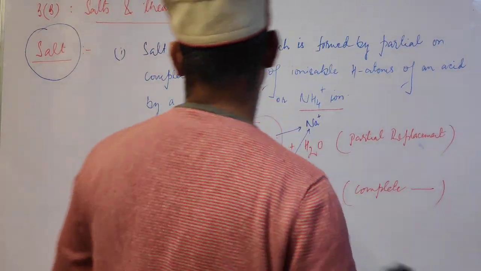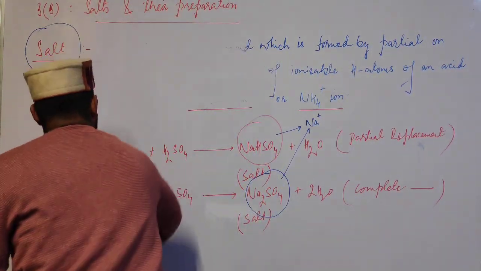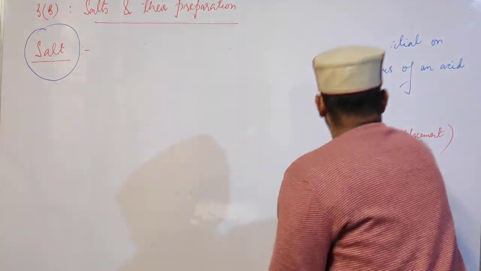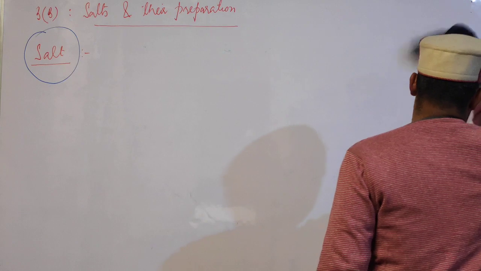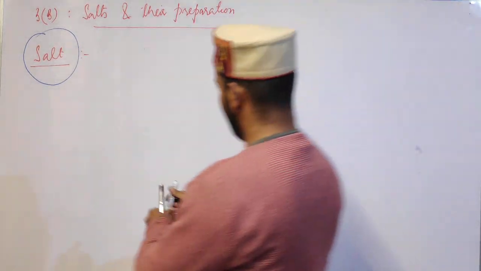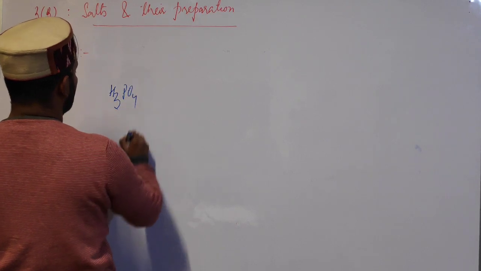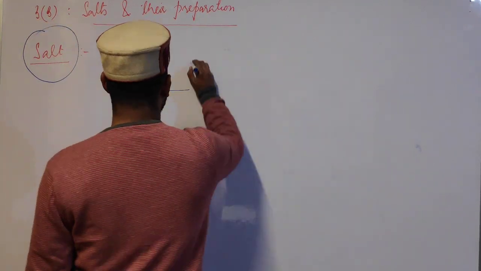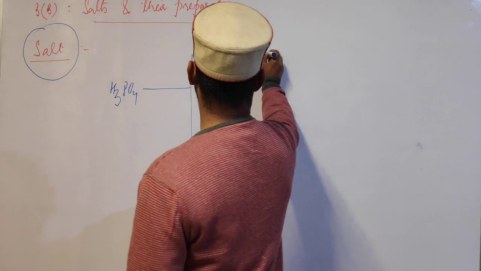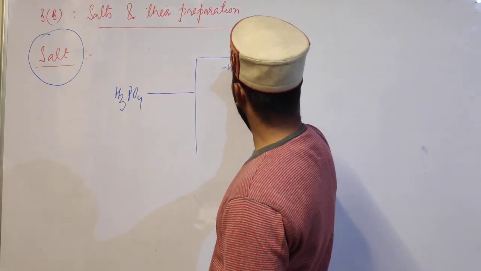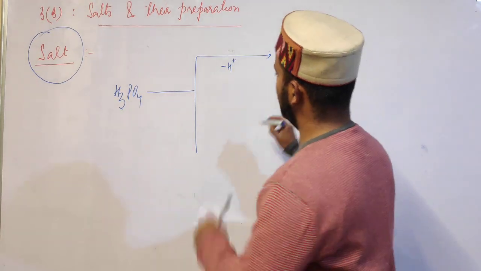Now students, I'll give you one more example. See, I have the acid H3PO4. Now H3PO4 is a tribasic acid, and it has how many ionizable hydrogens? 3. Suppose the partial replacement of only 1 hydrogen takes place.